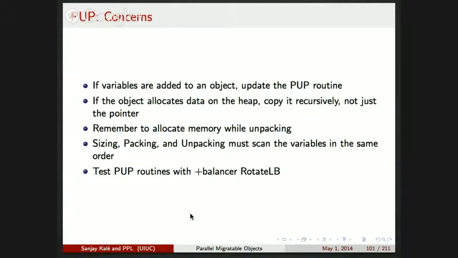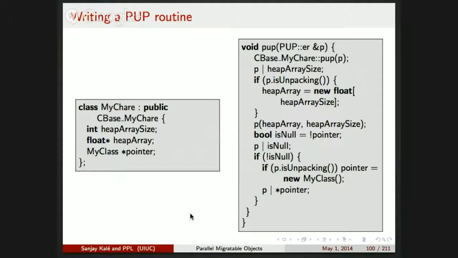So as mentioned before, if you get the pup wrong, say you've added a new field. In this case, let's say you're unpacking. You get the heap array size with the vertical bar. And further below, you call it with the size and the array. Meaning here. Yeah. And yet this thing knows it's unpacking. Yeah. But it cannot do the allocation for you internally.